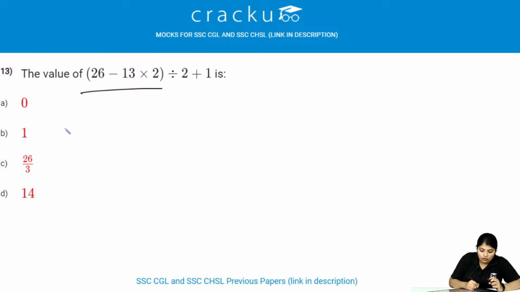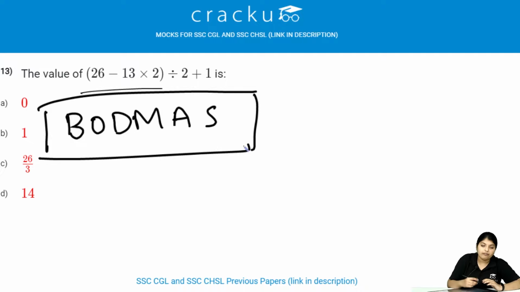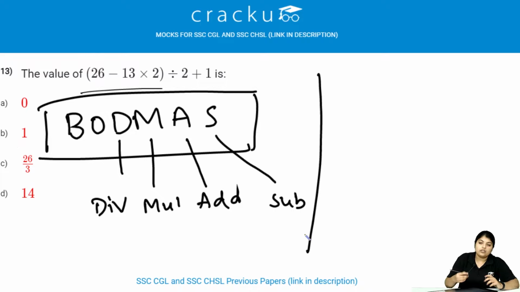We have a rule that is called BODMAS. B is for brackets, O for of, D for division, M for multiplication, A for addition and S for subtraction. Using this rule, we have to solve any kind of simplification question, otherwise it may go wrong.